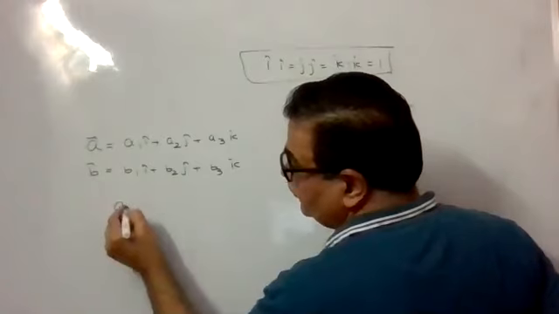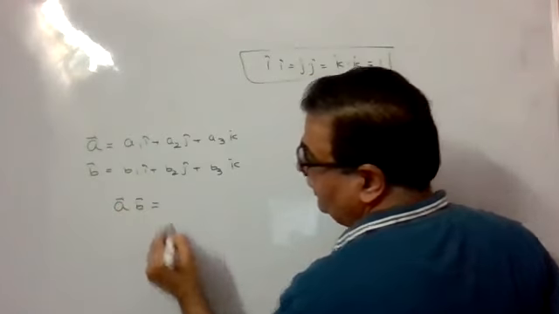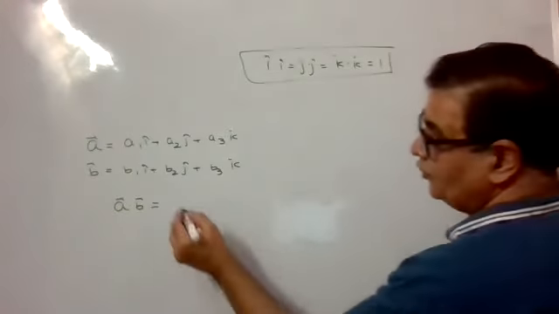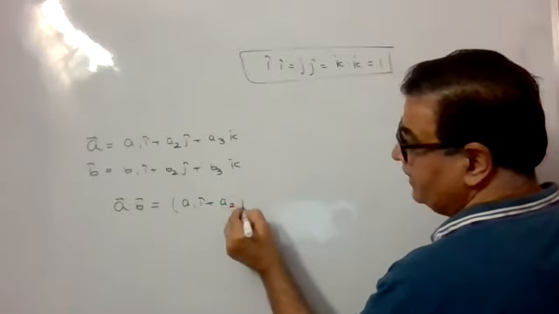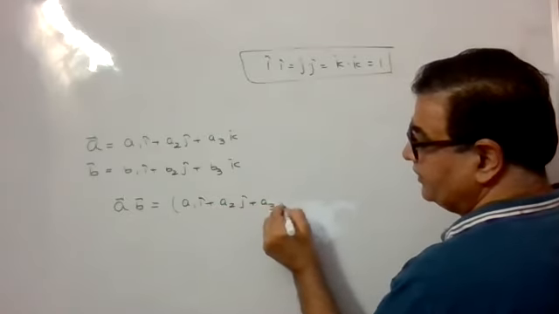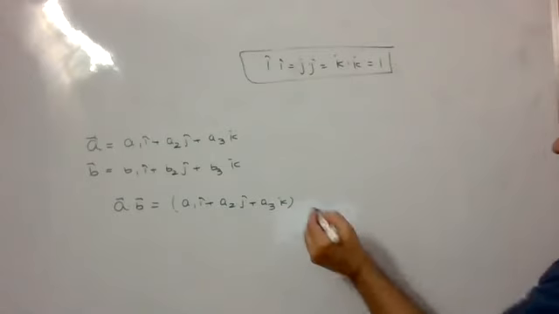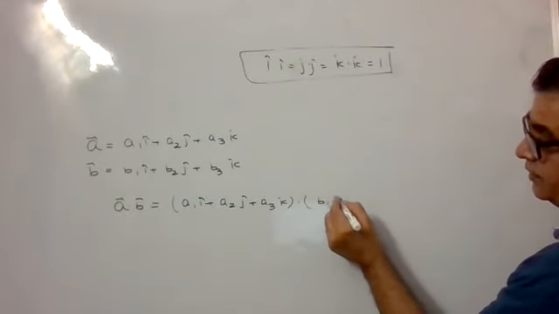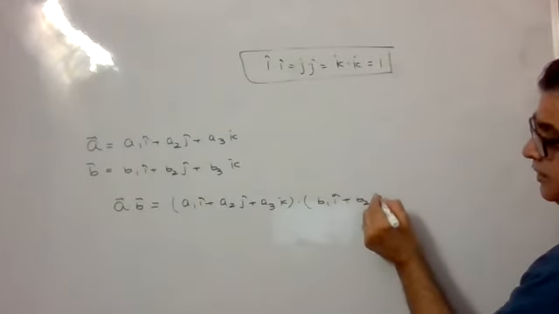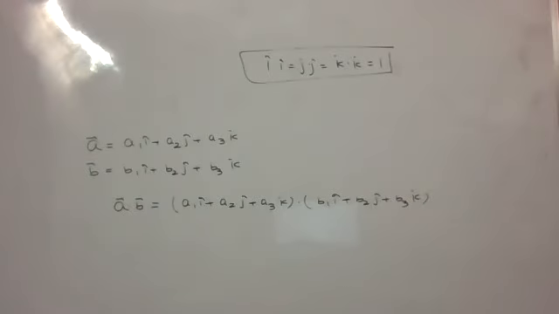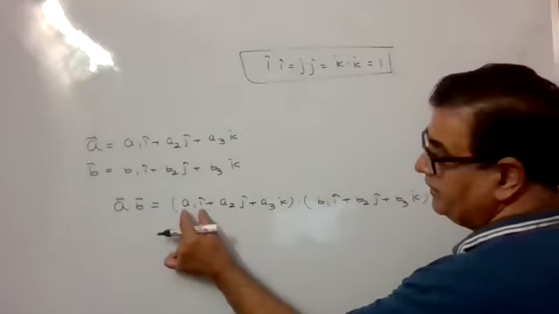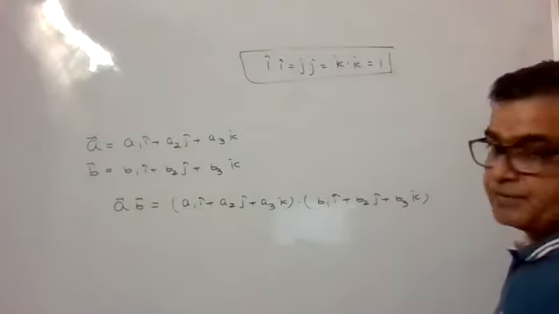And now if they say you find out what is the dot product. So when you go for dot product, you will write this as A1 i plus A2 j plus A3 k dot B1 i plus B2 j plus B3 k. Now if I multiply them, first I'll multiply this with this.